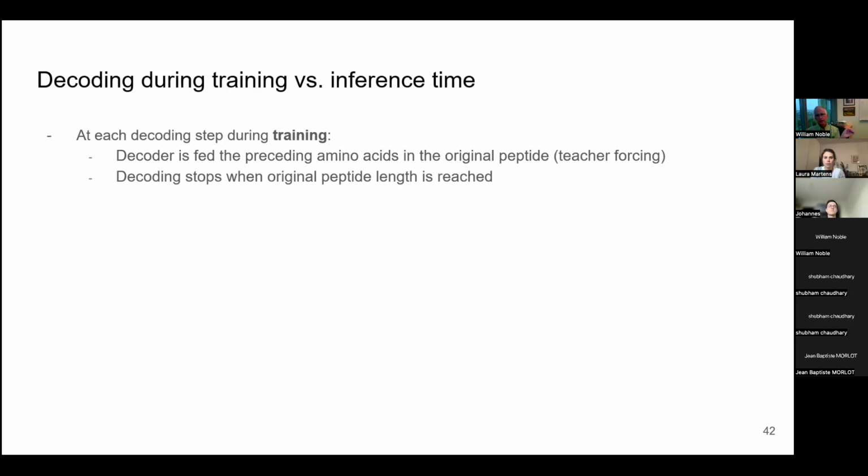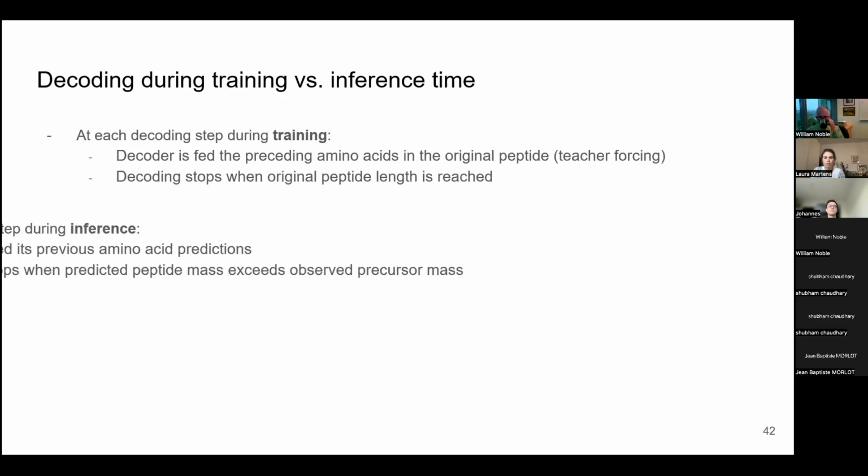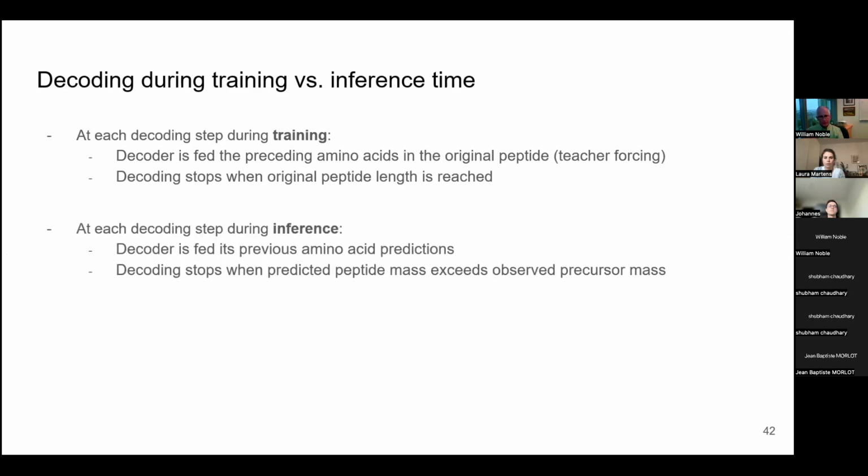And the decoding stops when the original peptide length is reached. During inference, of course, you don't have the original peptide sequence, and so you only get the previous amino acid predictions, not the true previous amino acids. And then you stop when your predicted mass exceeds the observed precursor mass.